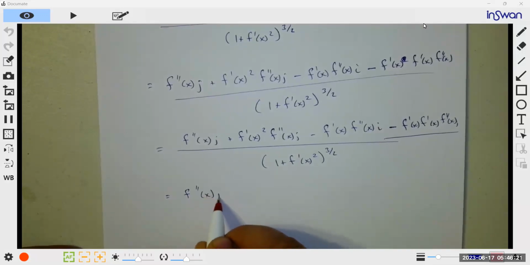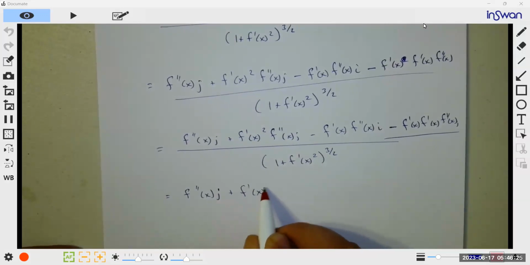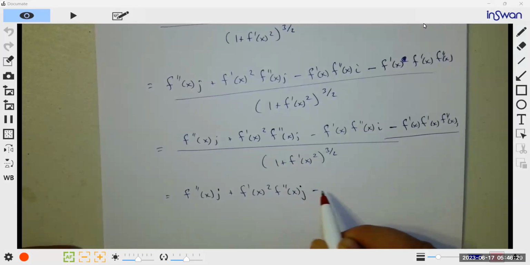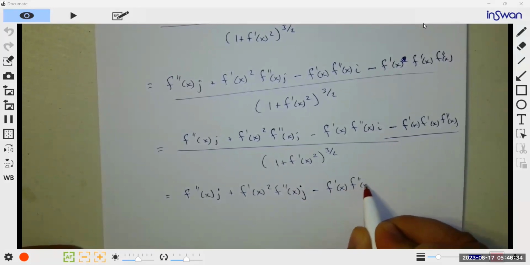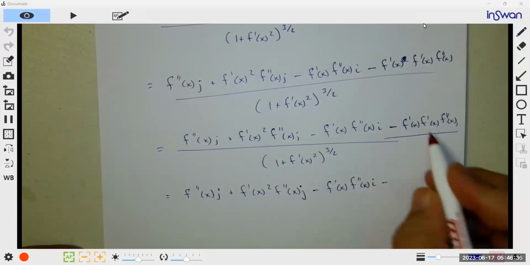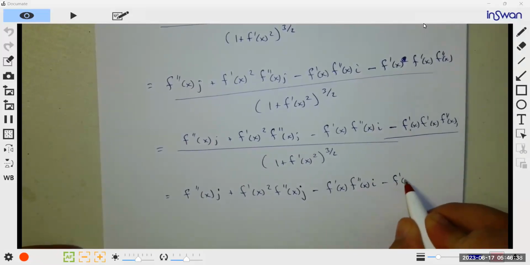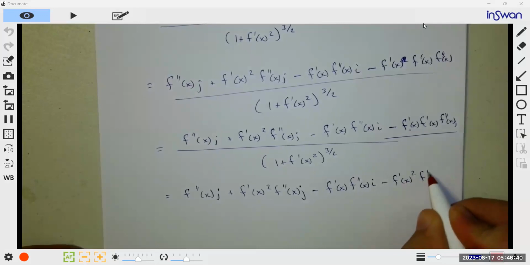So we see f prime of x squared f double prime of x j, and f prime of x squared f double prime of x j.